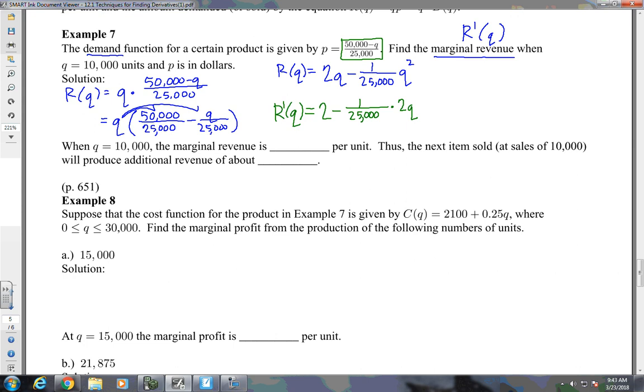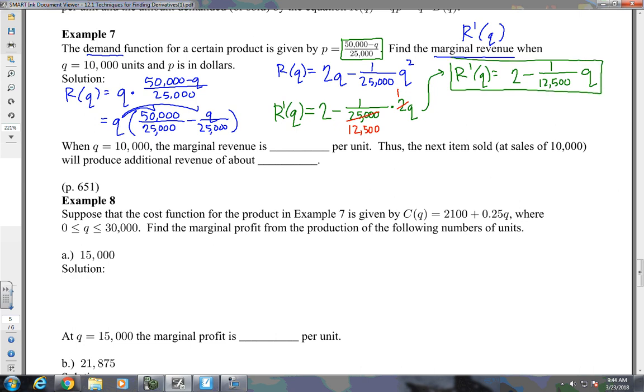When we simplify, we have the derivative R prime of Q equals 2 minus, now if we want to reduce this fraction, 2 goes into itself once and 2 goes into 25,000, 12,500 times. So we can call this minus 1 over 12,500 times Q. So there is our marginal revenue function.